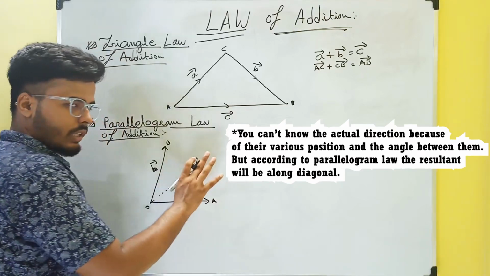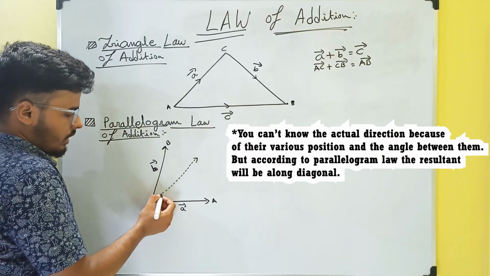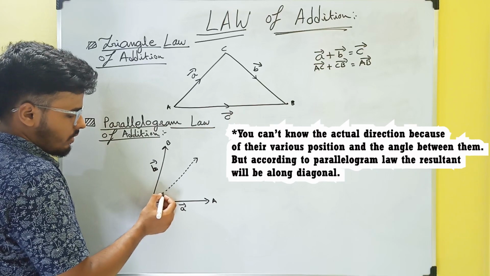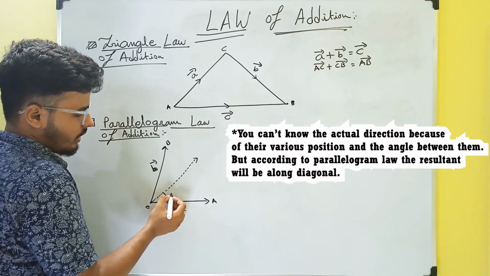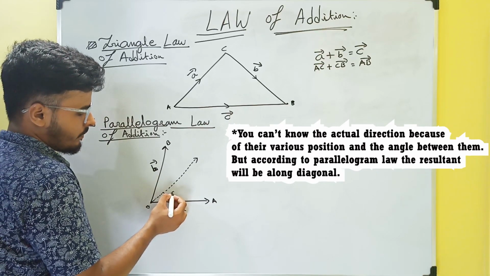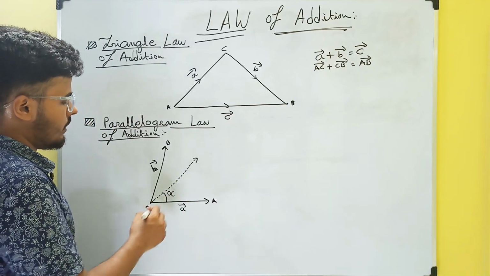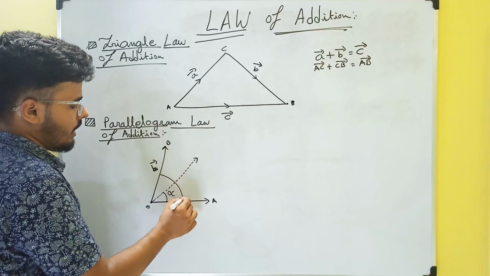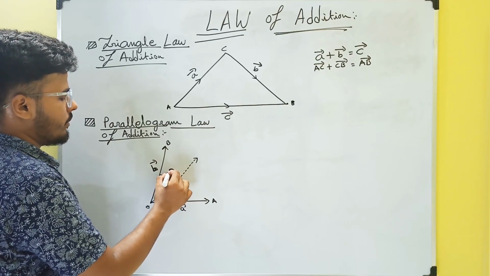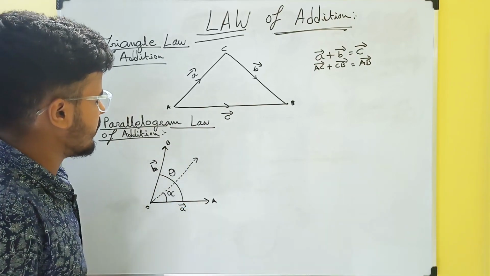We don't know the actual direction; you can measure it. Let's say this angle is alpha, and the angle between A and B is theta.